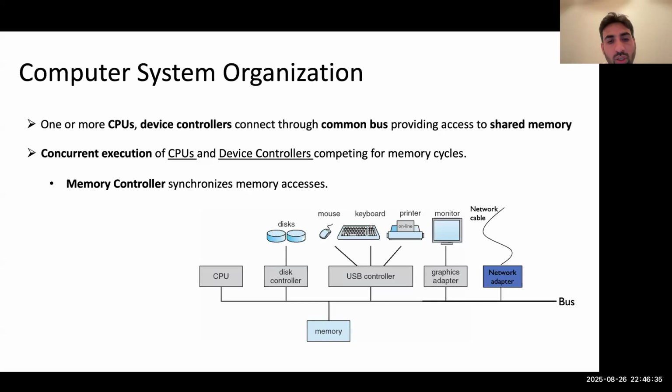So if a CPU is running an application and a disk controller also wants to copy data from disk to the memory, then the CPU and the disk controller will compete for the memory cycle, or basically they will compete for access to the memory bus. The CPU is producing some data and wants to write the result in memory, and at the same time the disk controller is trying to copy data from disk into memory. So they will compete for the memory bus.